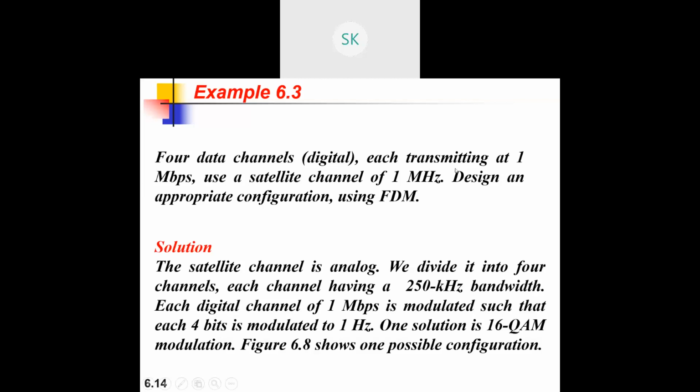Before continuing with the calculation, we'll try to analyze how this can be written in the frequency domain. In the frequency domain, 100 kilohertz, five channels will be there. Between each particular channel there will be a 10 kilohertz guard band.